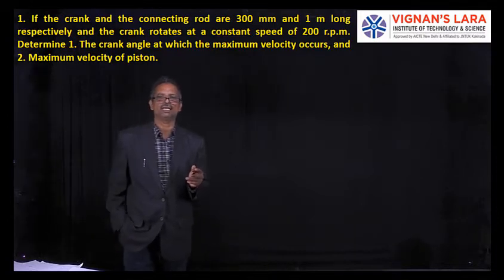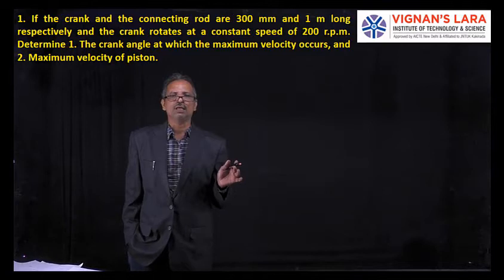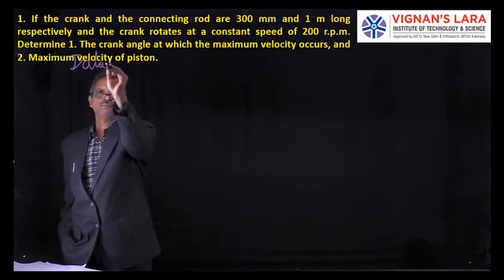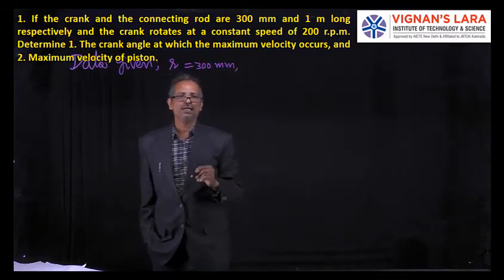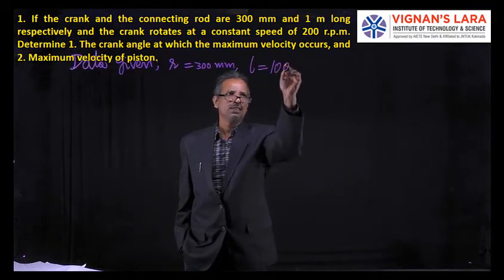Let us write the data given. Crank radius r is 300 mm, and length of the connecting rod L is 1 meter, that is 1000 mm.